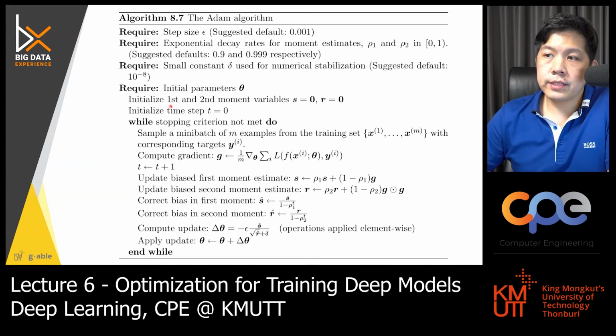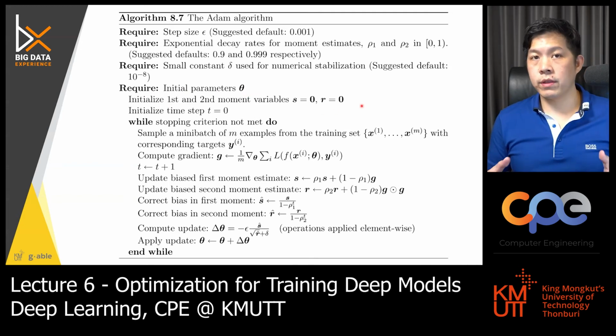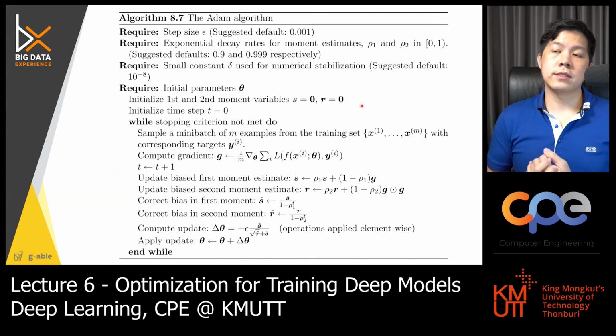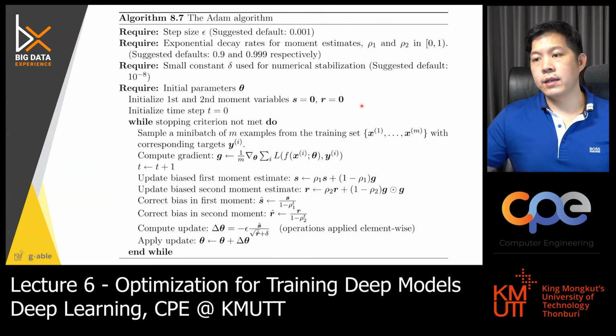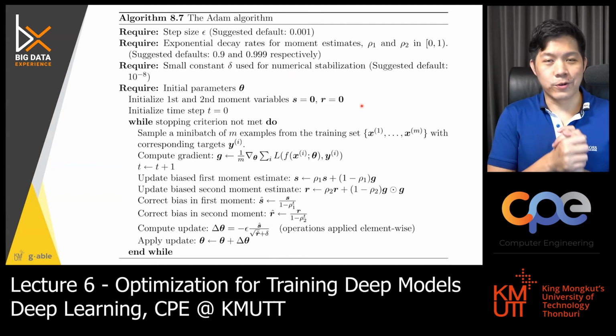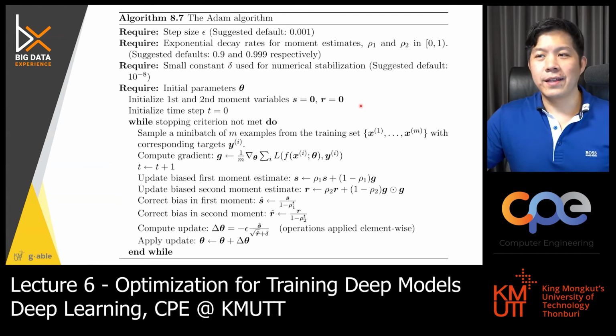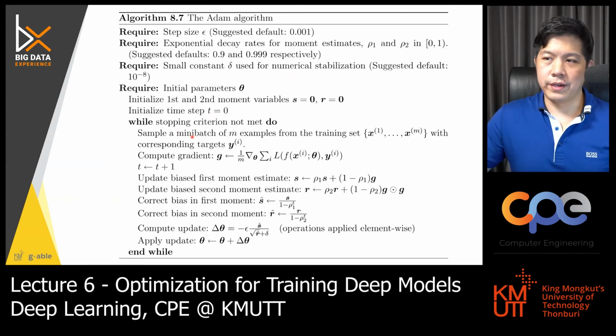First, we need to initialize the moment variables to both 0. Now we have S as 0 and R as 0. These would be the first moment and the second moment, which will be used to calculate the final gradient.